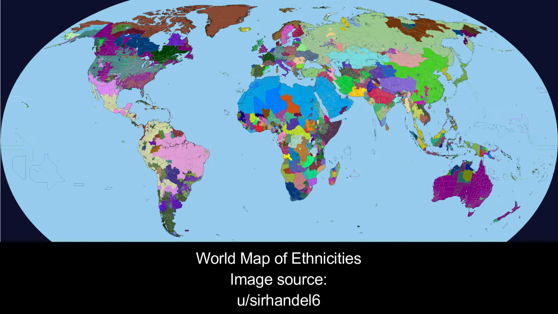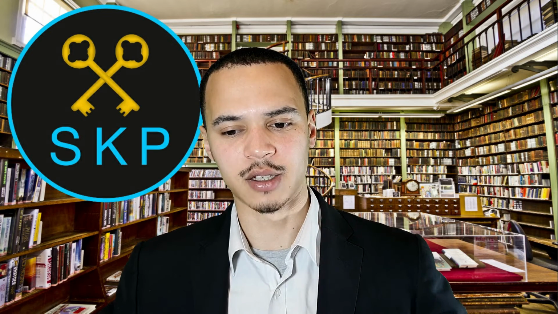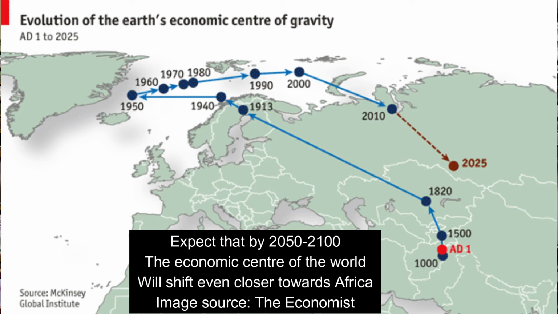There are no actual nation states in most of these places, so for the most part they are probably going to break apart. They probably won't exist by the end of the century. But all else being equal, the point is that the economic power of Africa, India, Latin America and so on is going to balloon. So the focus of economic development in the world is going to shift further and further away from the West.